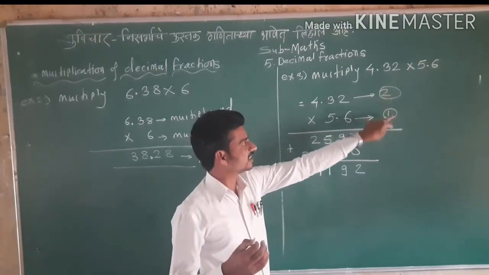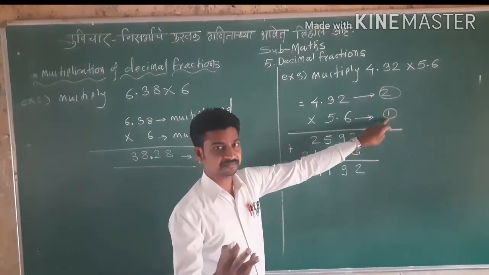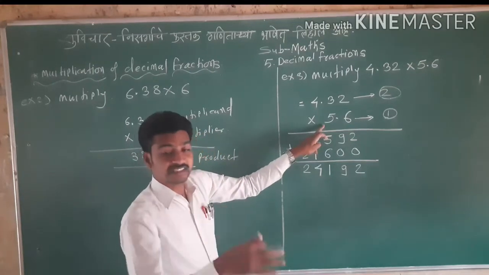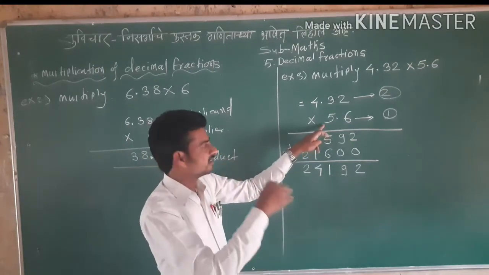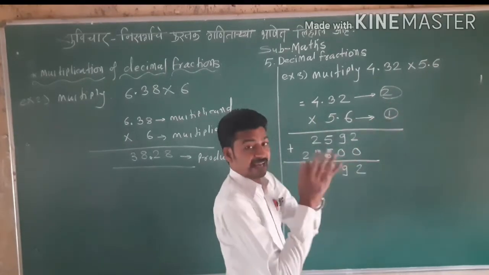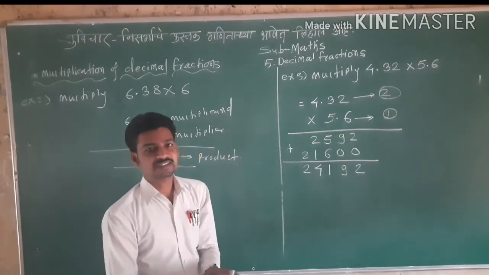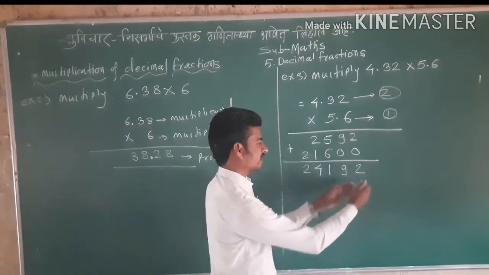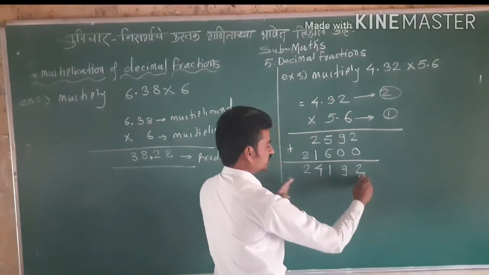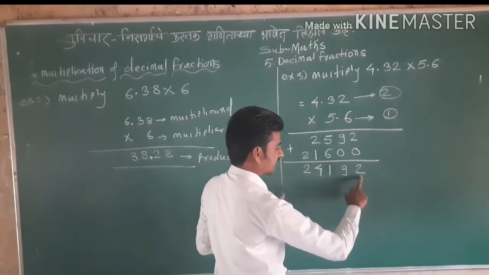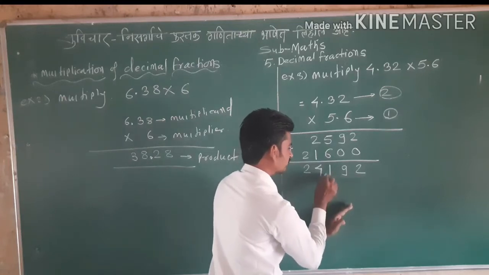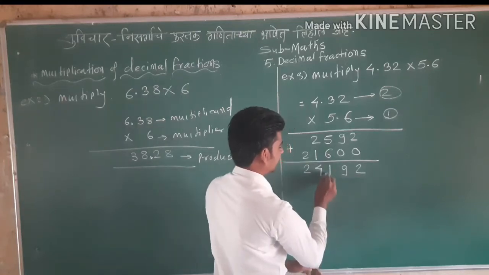आता हे किती स्थळ झाले 2 आणि 1, 3. या मल्टिप्लिकंड मध्ये आणि मल्टिप्लायर मध्ये किती दशांश प्लेस आहेत, decimal places after decimal point 3 आहे. 2 plus 1, that 3 places count in product from right to left. आता हे 3 स्थळ उजवीकडून डावीकडे मोजा 1 2 3 हे 3 स्थळ सोडा आणि त्या अगोदर डेसिमल पॉइंट लिहा.